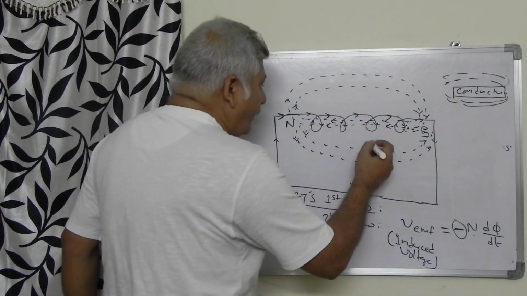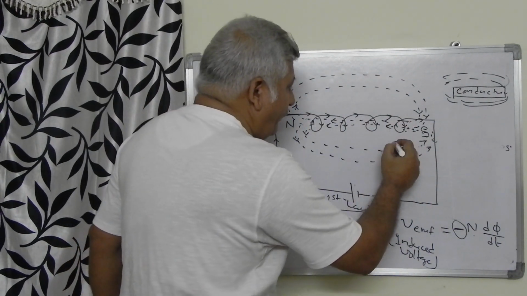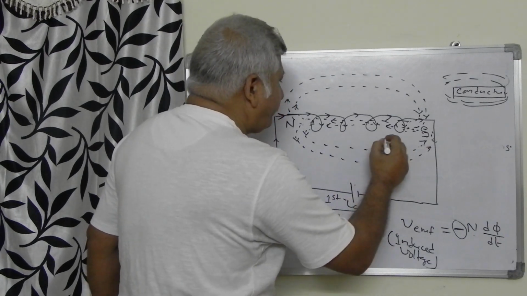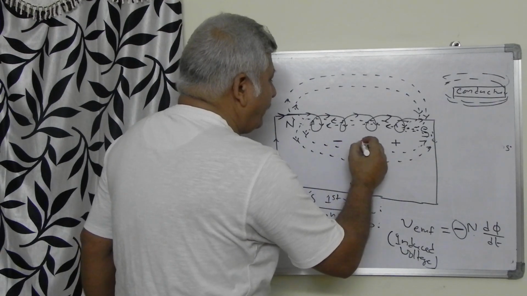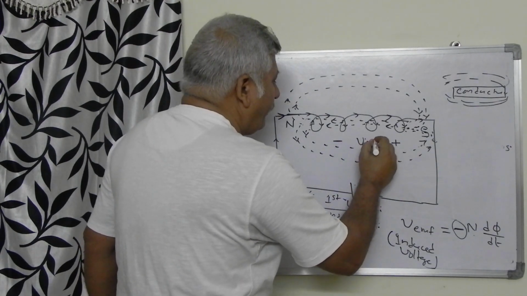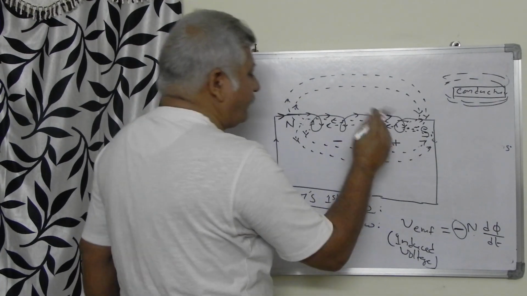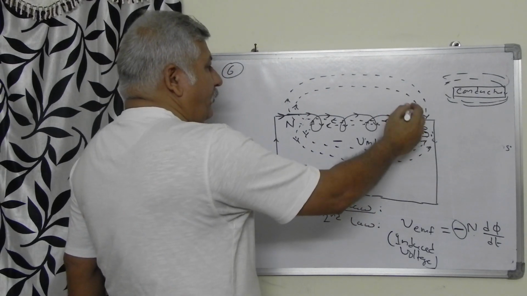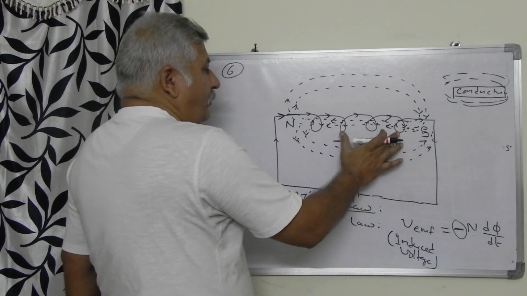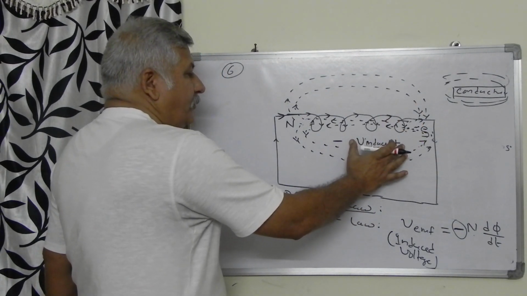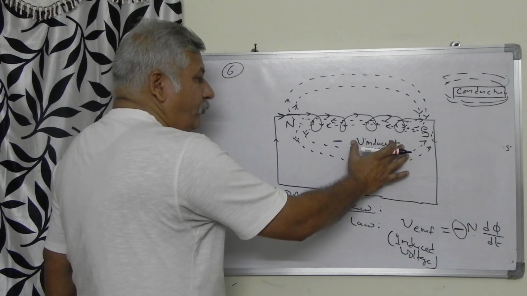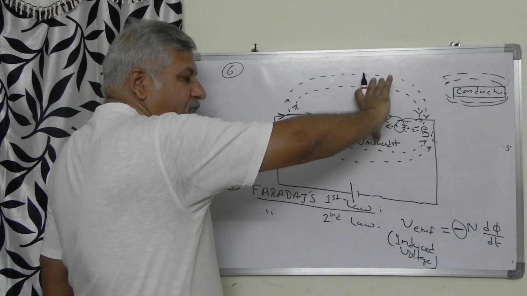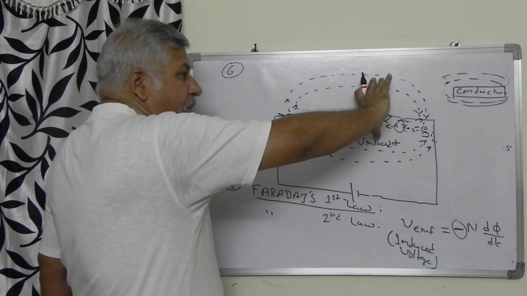So the direction of induced voltage here will be like this, plus minus V induced, right? So now you see the induced voltage is produced due to the magnetic field, right?